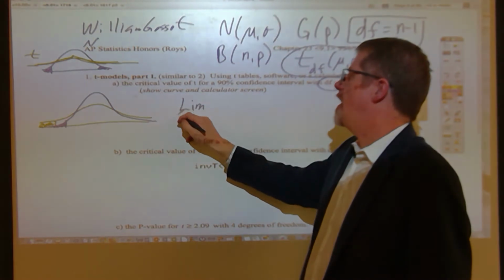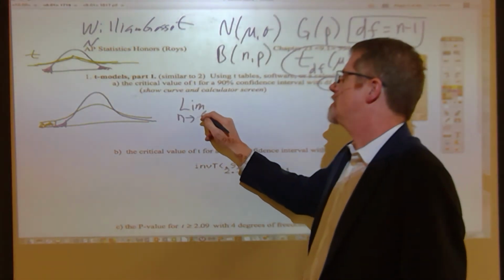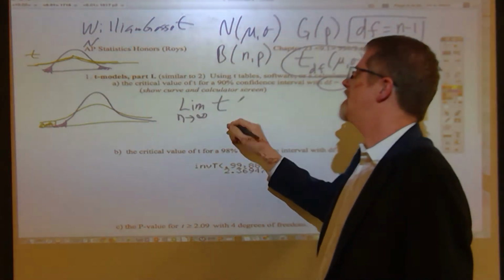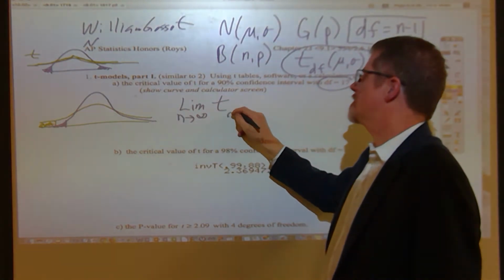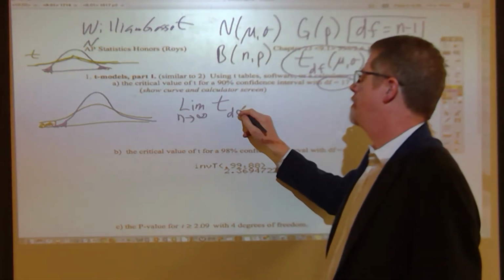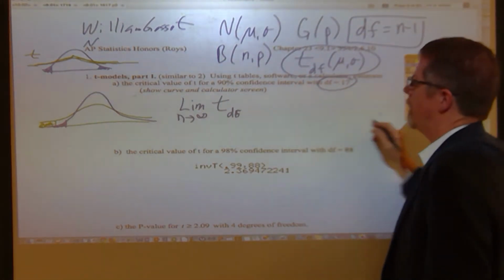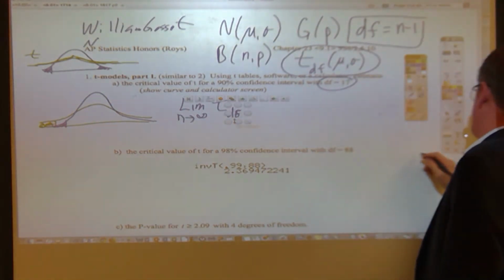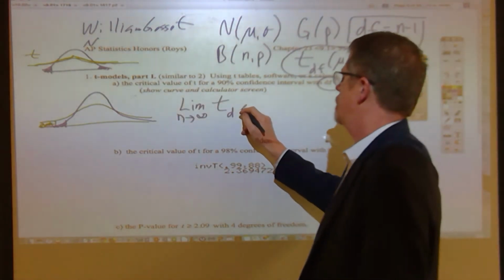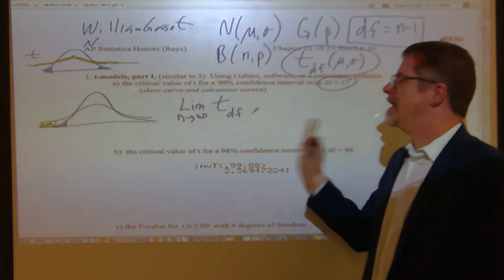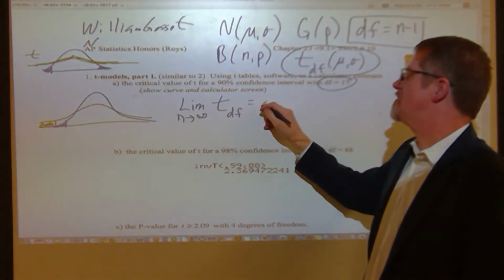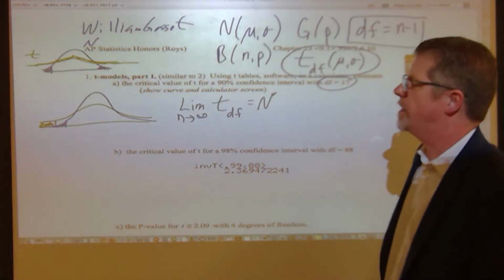The limit as n approaches infinity of the T model with a certain number of degrees of freedom, d f, equals the normal model. As the sample size goes to infinity, the T model turns into a normal model.